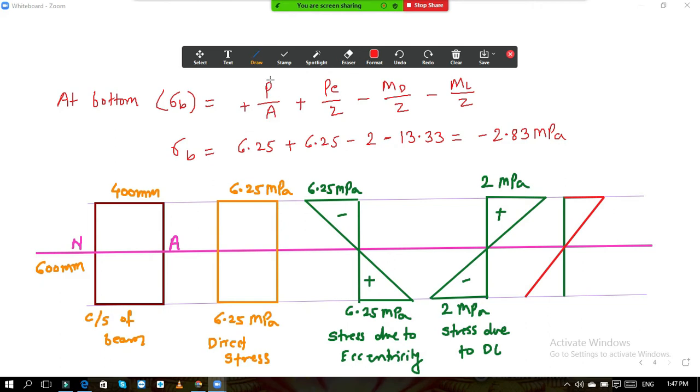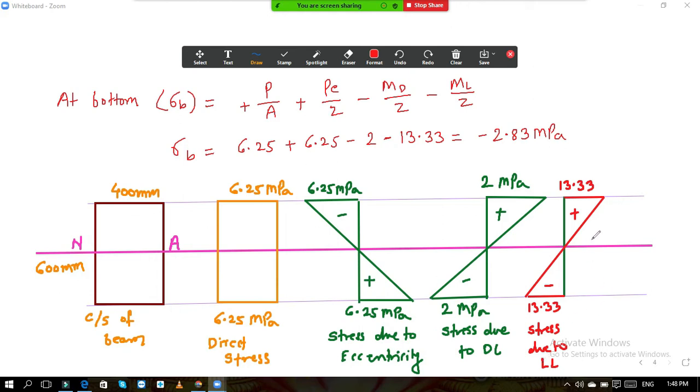So this is the diagram for the live load. It is 13.33, this is plus, this is minus 13.33. You give the name stress due to live load.